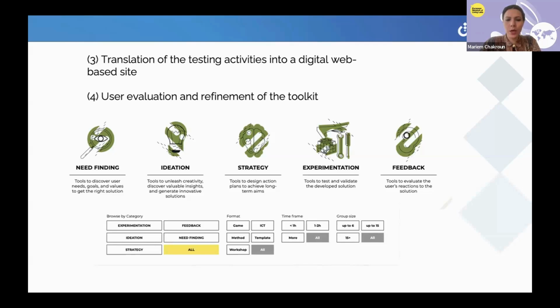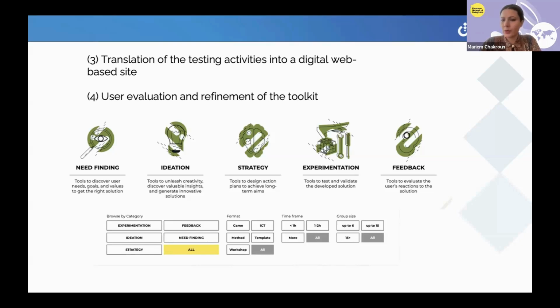You can also use the formats filter if you want a workshop, template, or method, and also time frame. How much time do you have to run your activity, and with how many group members.